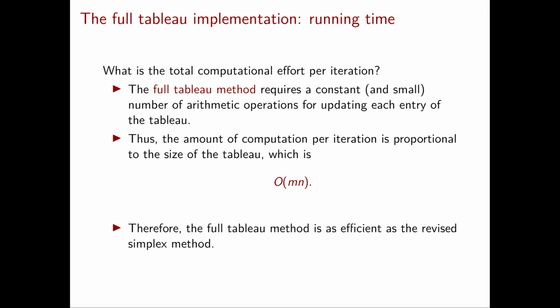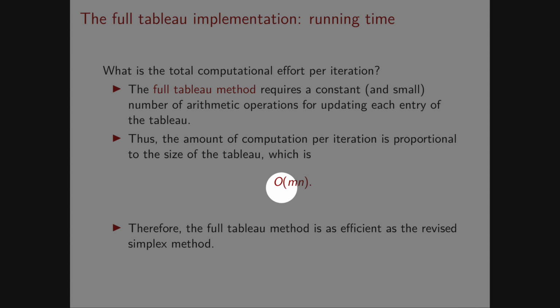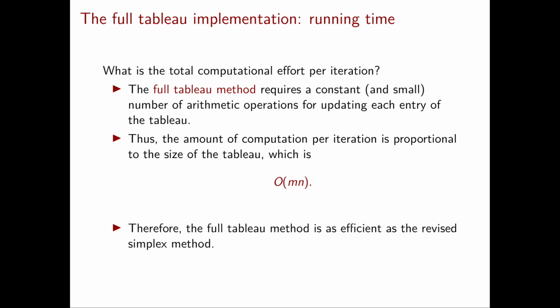If you remember, this coincides with the number of operations performed in one iteration of the revised simplex method. So we have now understood that the full tableau implementation and the revised simplex method are the most efficient, while the naive implementation is less efficient.